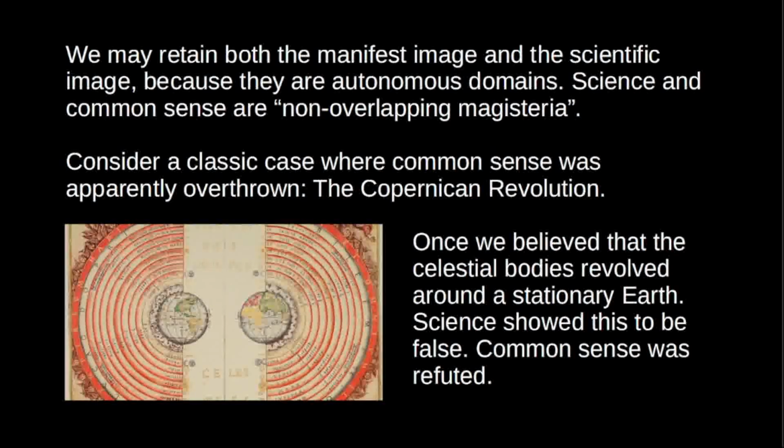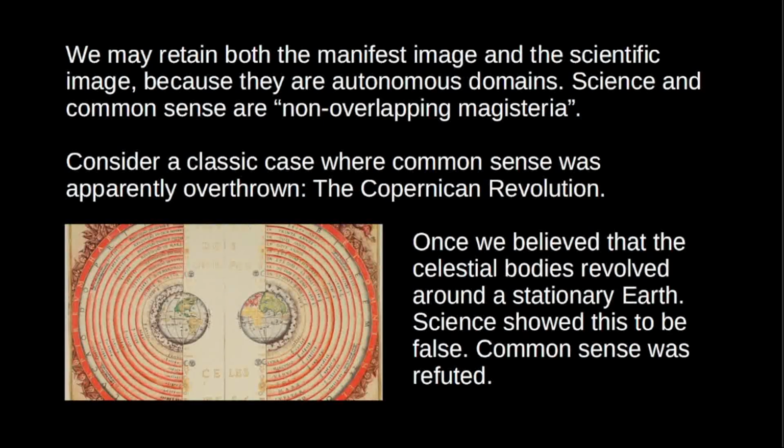When Wilfrid Sellars first presented this conflict, he suggested that it arose from the fact that the scientific image and the manifest image are presenting themselves as complete theories. But on the autonomy response, we might say, well, no, actually, these are just dealing with different domains.